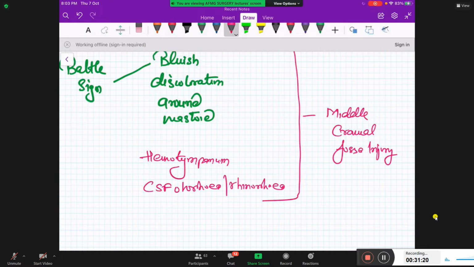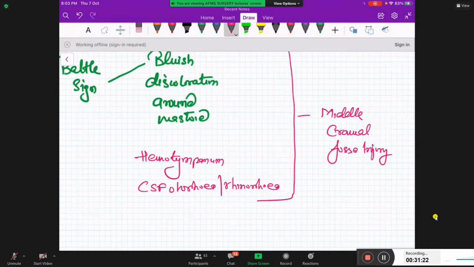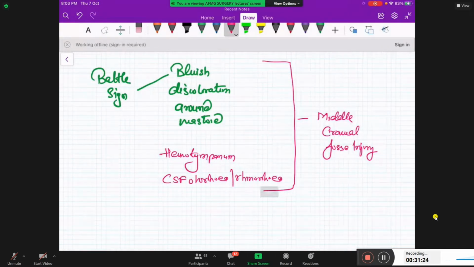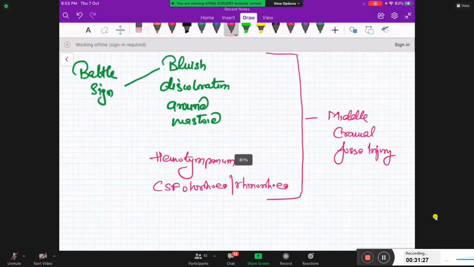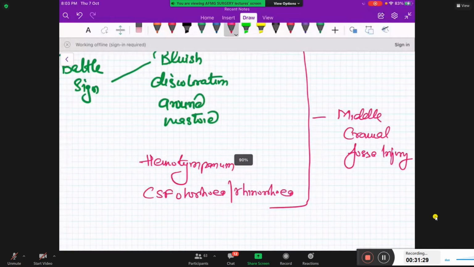Now, a very important point. So what we can again infer from here is that on the basis of symptoms and signs in any given patient, we just cannot make out the type of head injury, but we can to a certain extent make out the site of injury, if these signs are there.